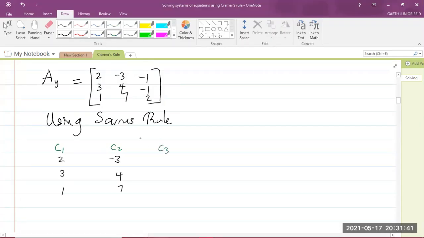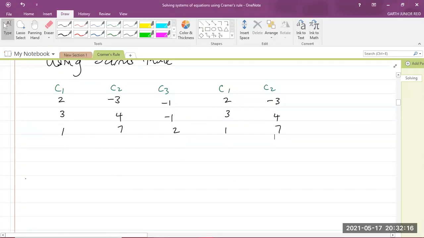Column 3 is -1, -1, +2. And remember that we also need to repeat the first and second columns of the matrix. So column 1 is 2, 3, 1, and column 2 is -3, 4, 7.